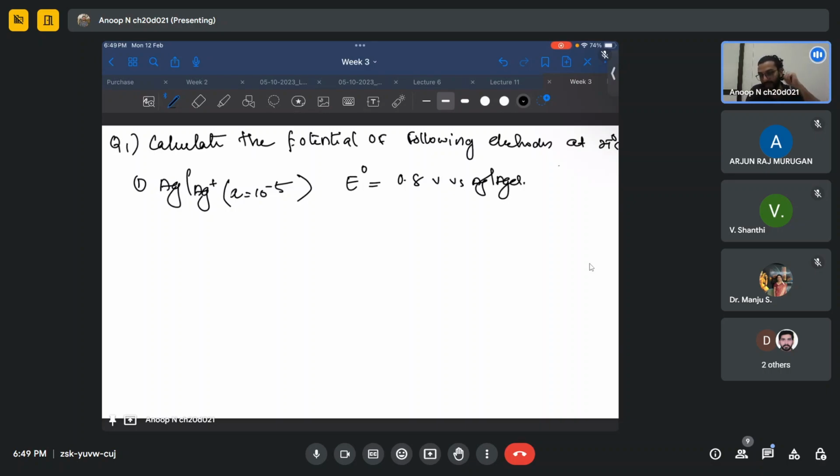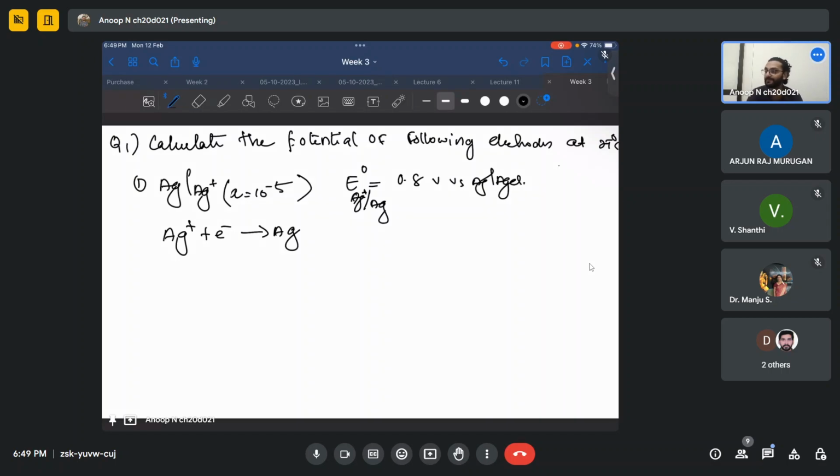So can all of you try to solve this problem? The reaction is Ag plus plus electron giving Ag. Can you try to solve it using Nernst equation? As before, if someone is finishing, just put it done.